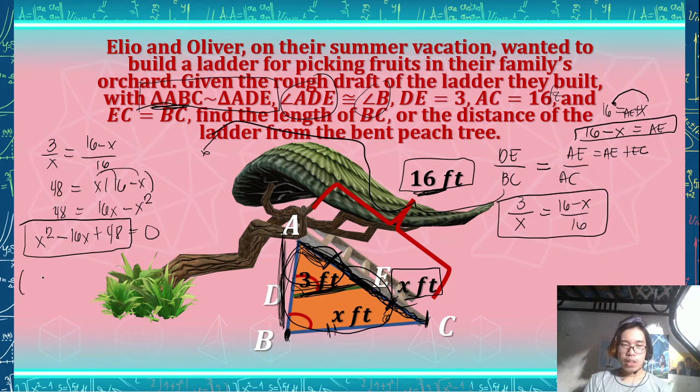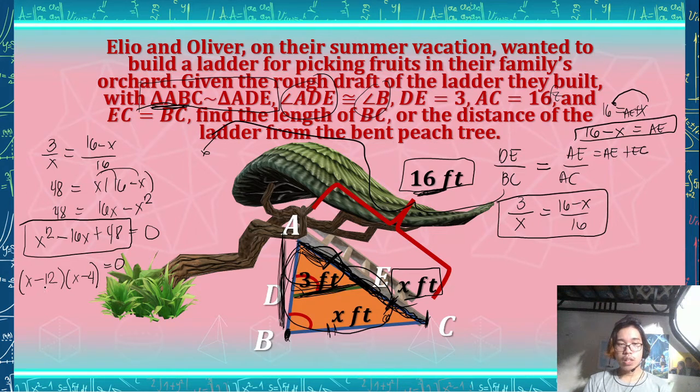For this one, let's try 12 and 4. If we try both 12 and 4, that's going to be x minus 12 and x minus 4, equal to 0.